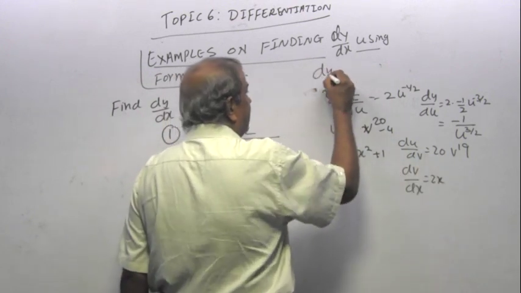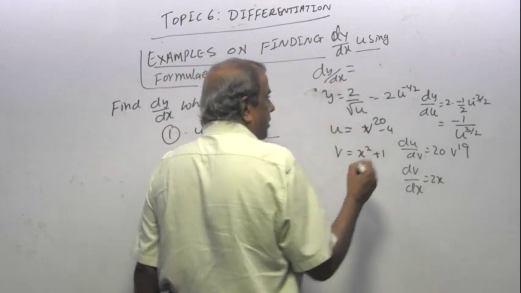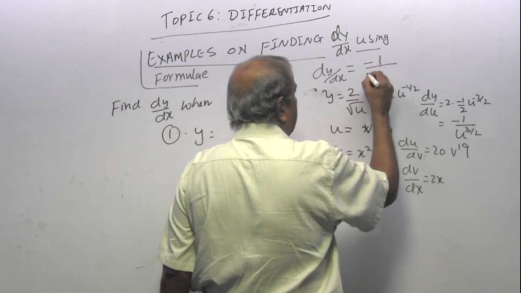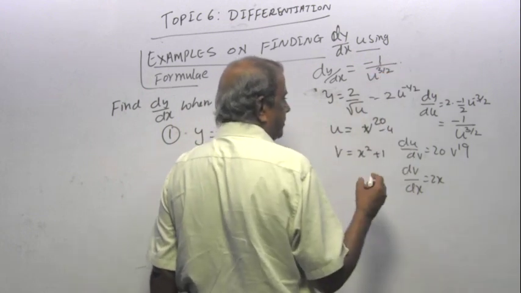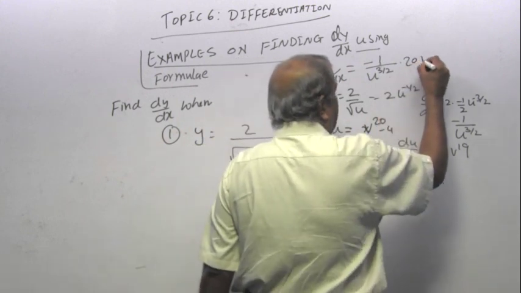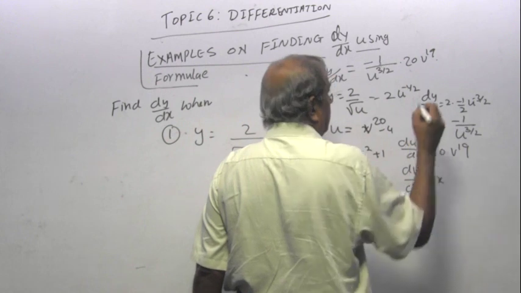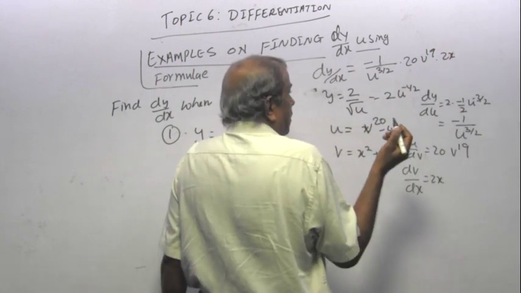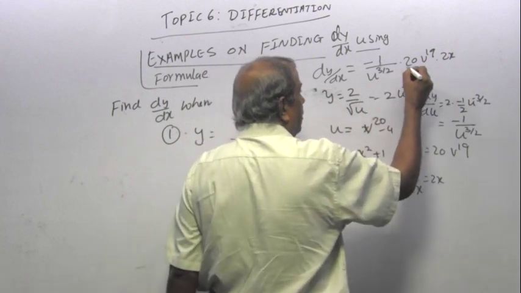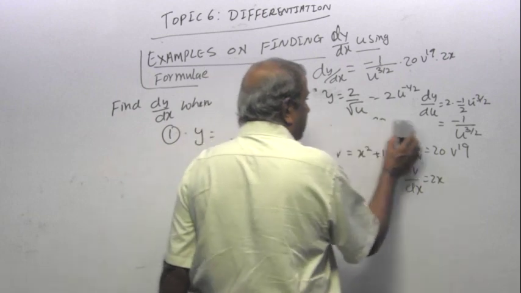So what's your dy by dx? I'll write it here so that you understand. Dy by dx will be minus 1 over u power 3 over 2 times 20v power 19 times 2x. Your question didn't have any v or u, so you have to convert this. So now you have seen these steps, so I can rub this off.